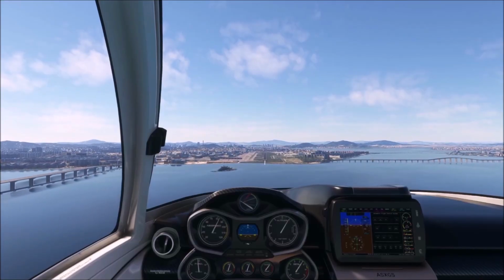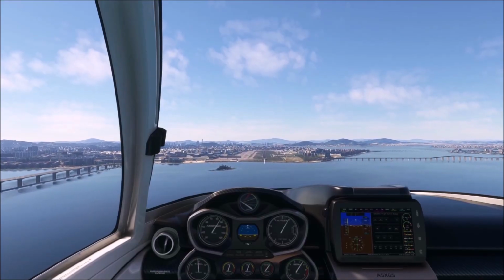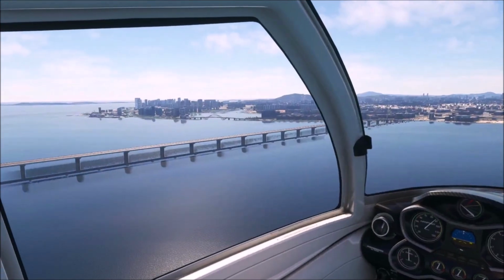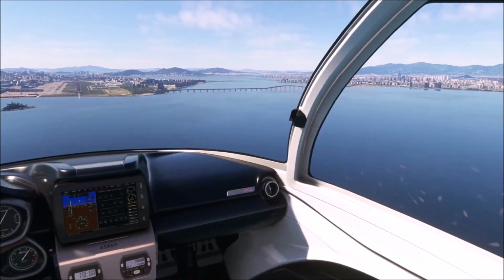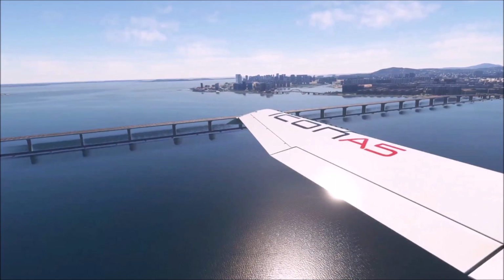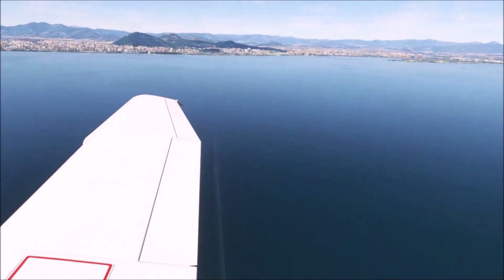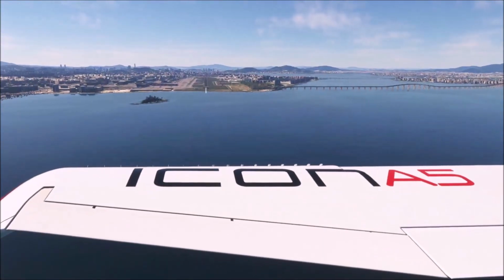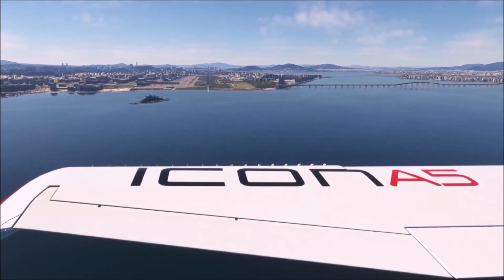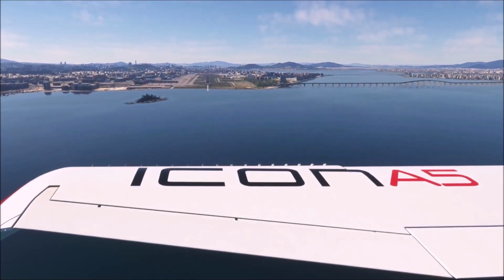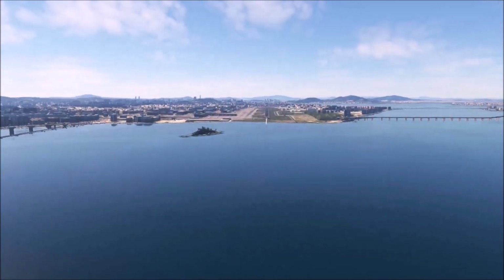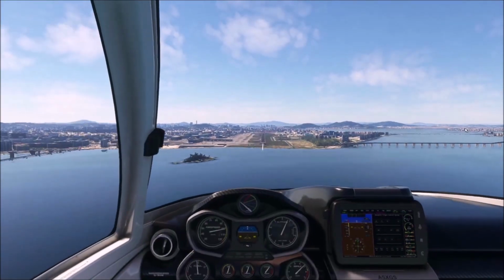Yeah, everything is perfect. Not the proper time to play with my cameras, I know, but I have this bad habit. I can't resist this wonderful scenery, which is a bespoke airport, of course, and scenery for the town. Good.